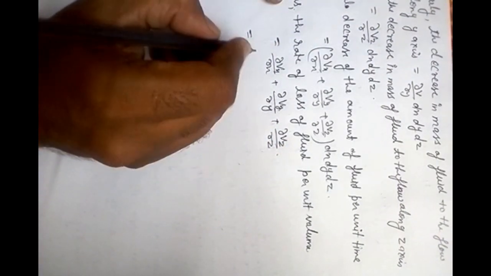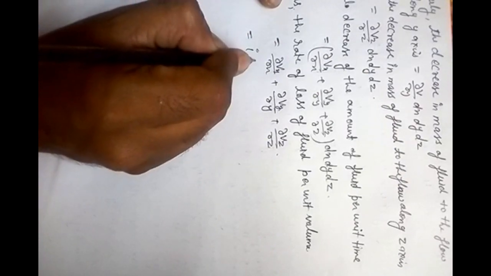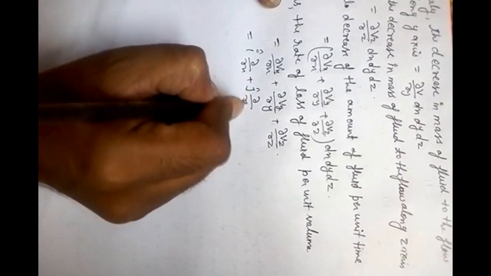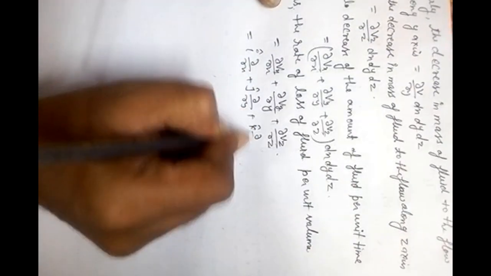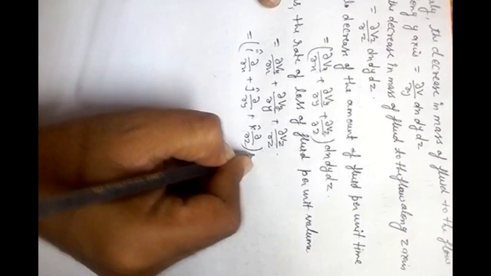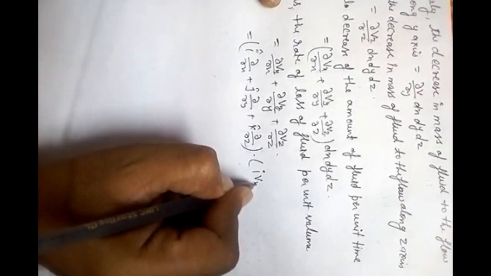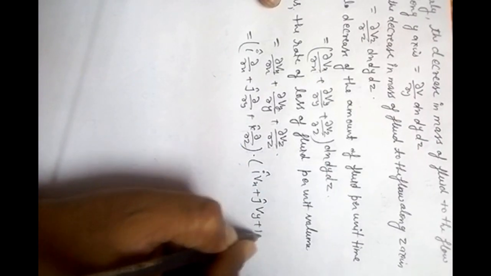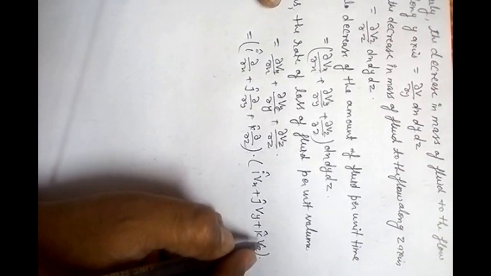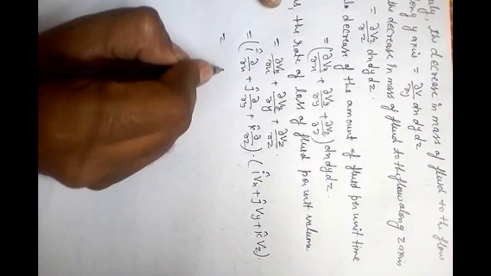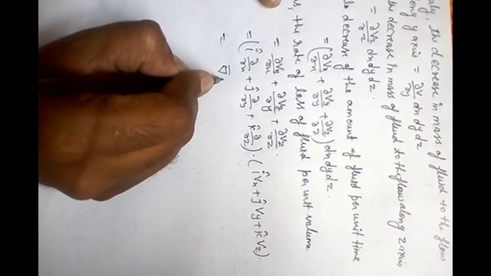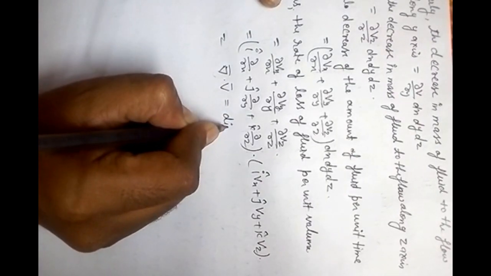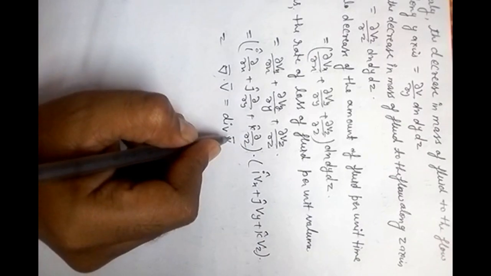So which is equal to i del upon del x, j del upon del y, k del upon del z dot i Vx, j Vy, k Vz. Here this is del dot vector v, which is equal to divergence v.